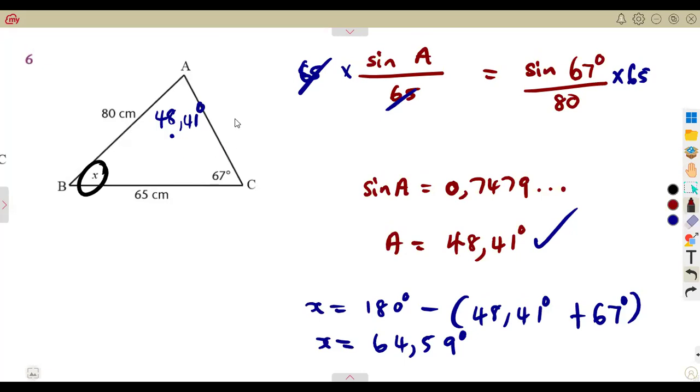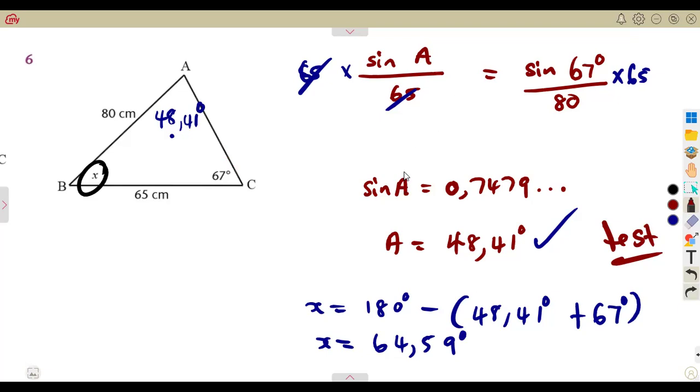It's not always where you take both answers, acute and the other obtuse angle. No, you test for the ambiguous state. Is it working or not? If you take the answer, you add it to the other angle that is inside of the triangle that you have. It must be less than 180.